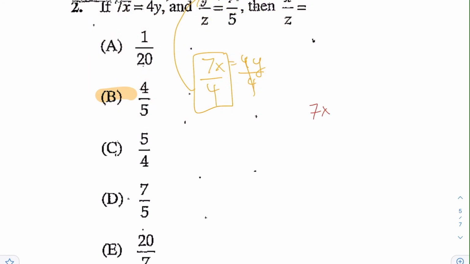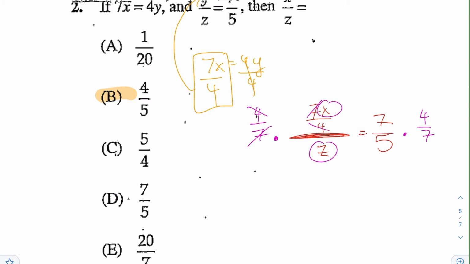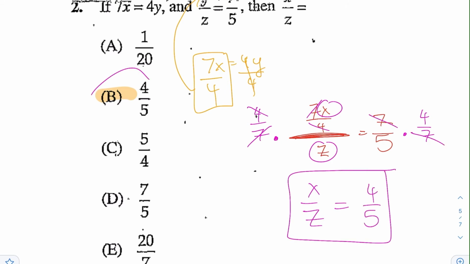So you have 7x over 4 divided by z is equal to 7 over 5. And from here you can multiply both sides by 4/7, because that will get rid of this numerator, and that will give you exactly x divided by z. And the 7 will cancel out, so that will give you 4/5. That's choice B.